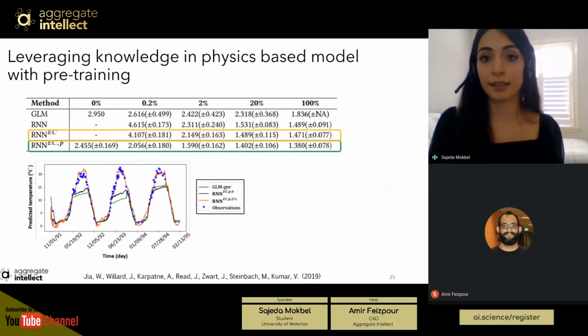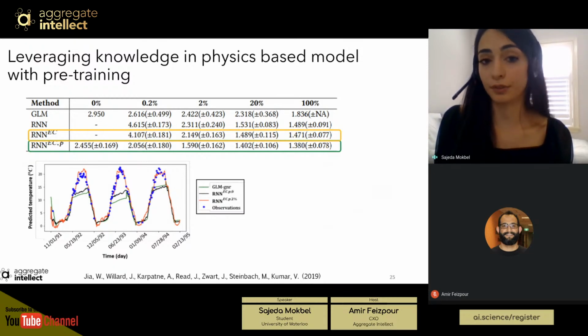And this is a method that I see happening not only in this paper, but other papers as well. So the idea with pre-training is they pre-train the model with simulated data from the general lake model. And because the general lake model is fully based on scientific equations and principles, it helps the model already have this sort of context beforehand before throwing it into the other data input drivers and just the observed data.